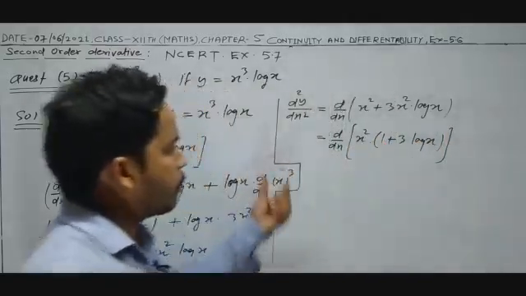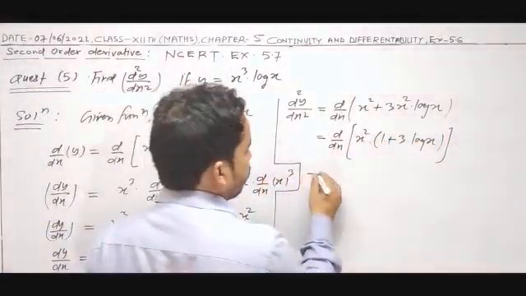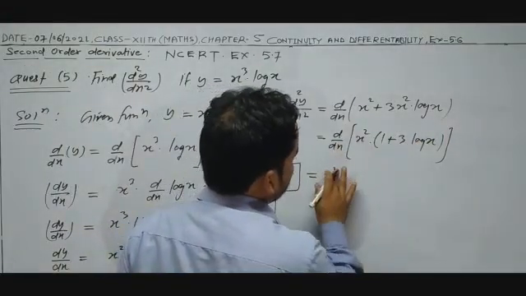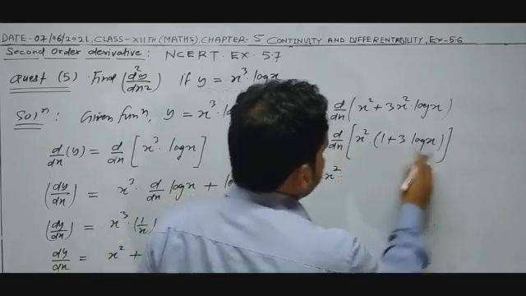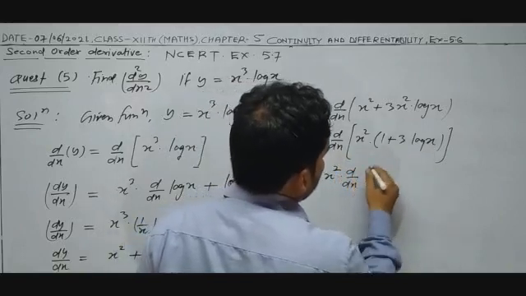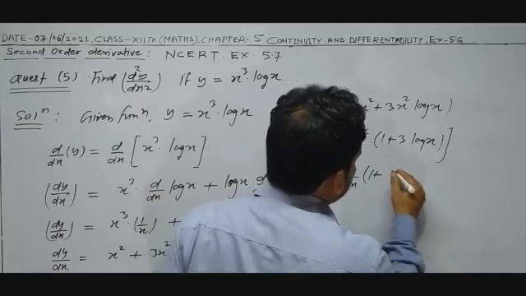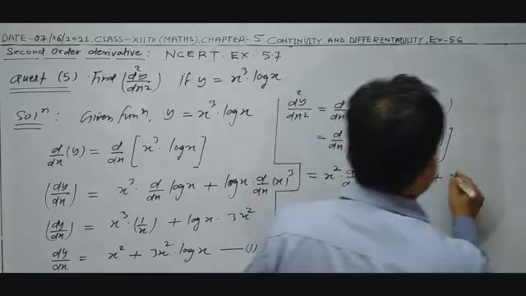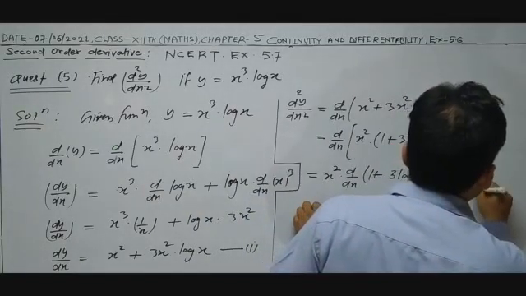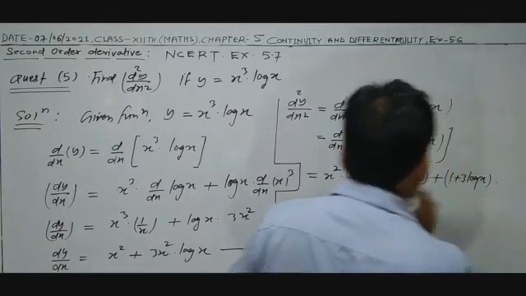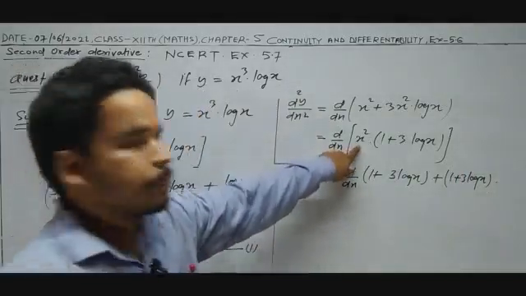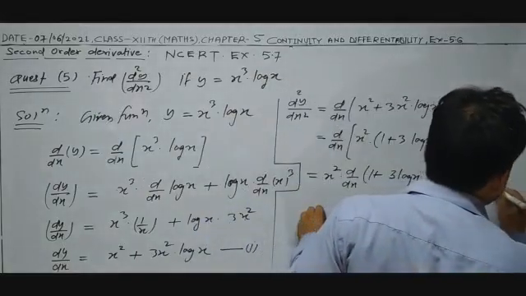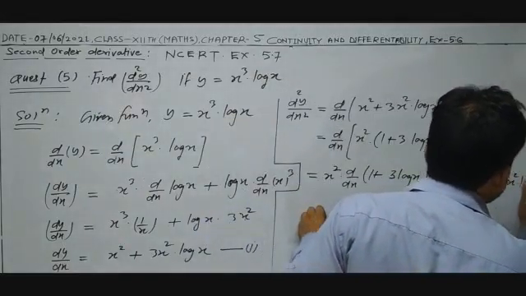You can apply the product rule again. So the result will be first function times derivative of second function, 1 plus 3 times log of x, plus 1 plus 3 times log of x into derivative of x square. So the derivative of x square means d by dx of x square.